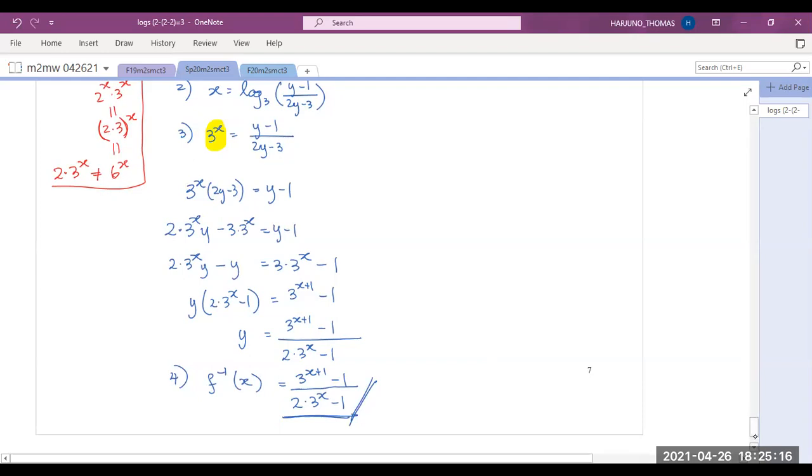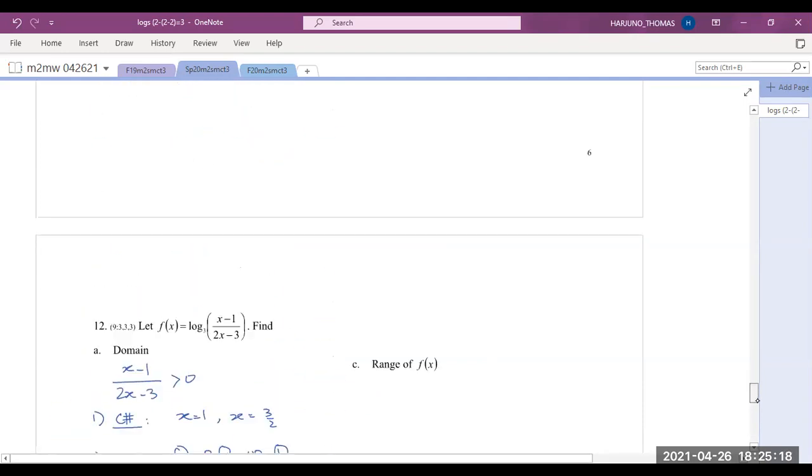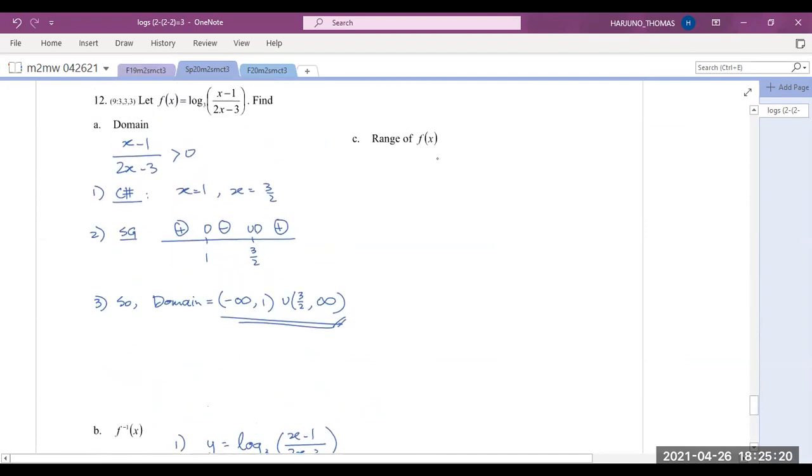Now then, how about the range of the function? The range of f(x) is equal to the domain of the inverse function, which is all real numbers except when 2 times 3 to the x minus 1 equals 0, right?